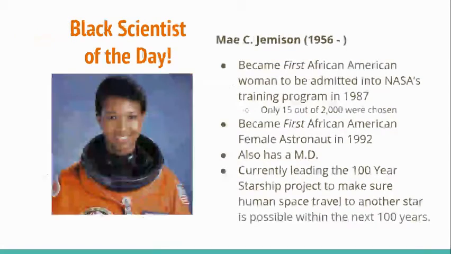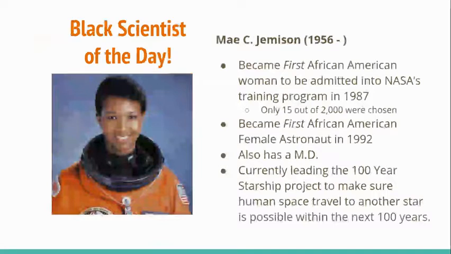All right, so for our Black scientist of the day, today is Mae Jemison. So Mae was born in 1956. And in 1987, she became the first African American woman to be admitted into NASA's astronaut training program. And this was a huge deal because only 15 out of 2,000 were chosen. So this is awesome. She then became the first African American female astronaut in 1992.